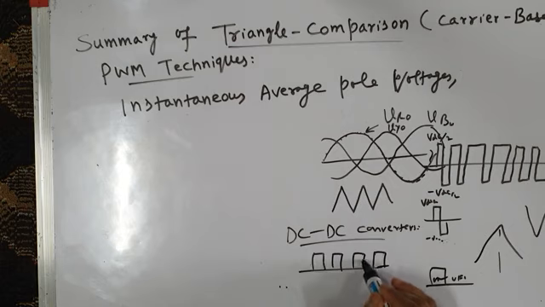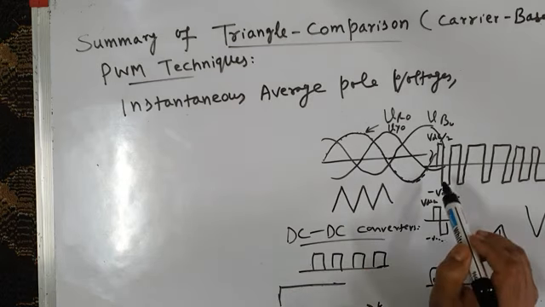Find the average value of the third, it will be the same. So if you find the average value of different voltage pulses, you will get a constant. That means in DC to DC converters, the instantaneous average value of various voltage pulses, from one carrier cycle to another, will be constant.